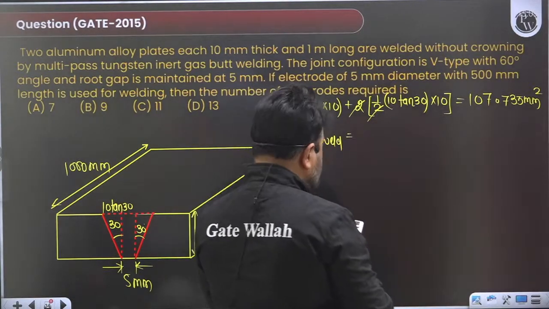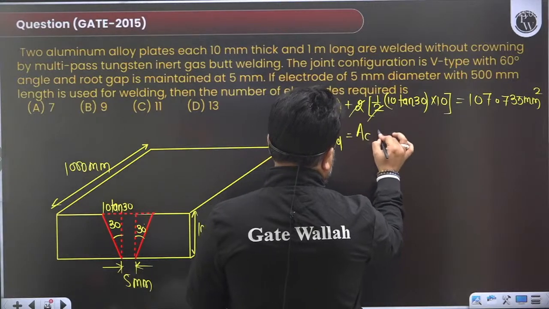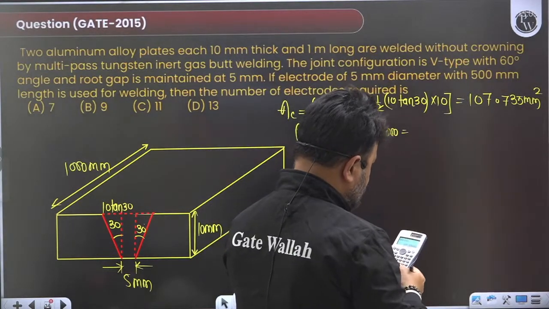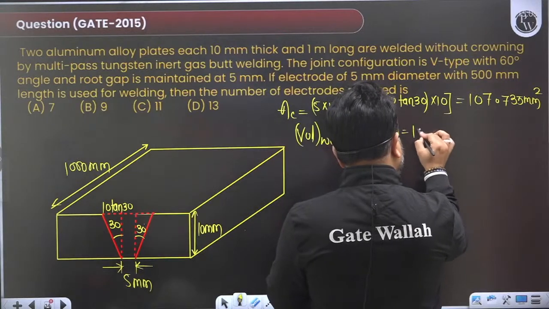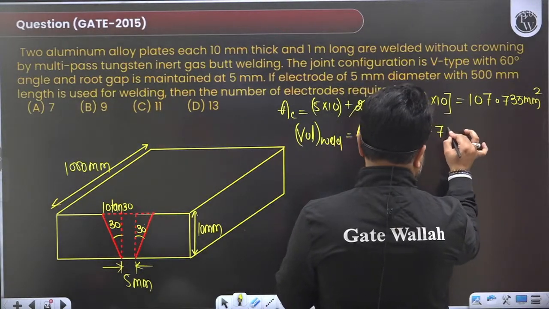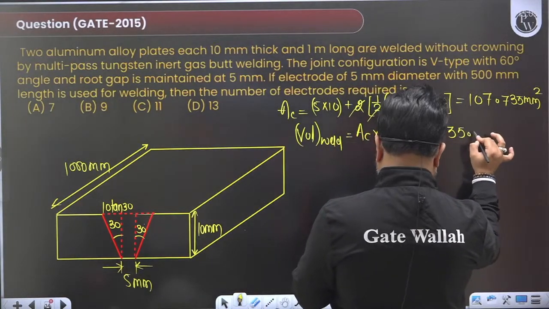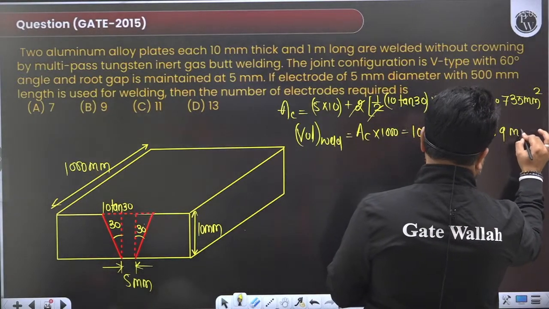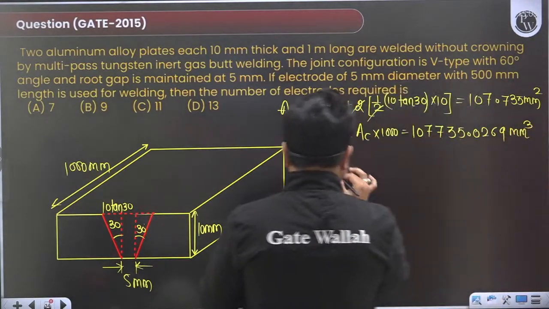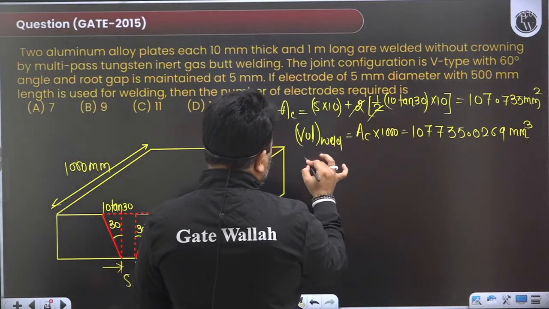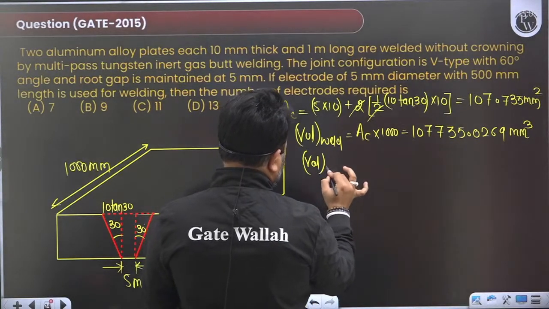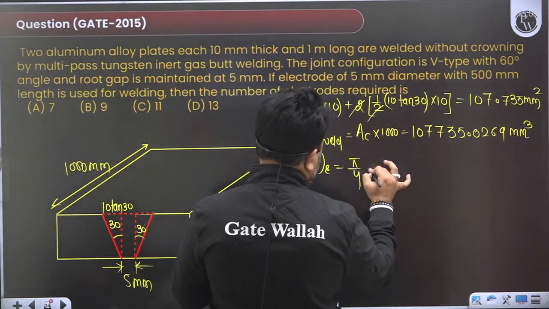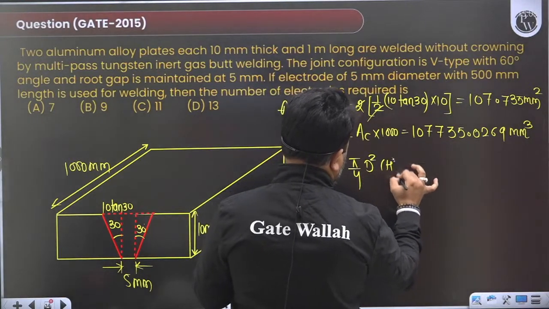Volume of the weld pool is cross-sectional area into 1000, which is 10735.0269 mm cube. Now volume of electrode is pi by 4 d square into h.